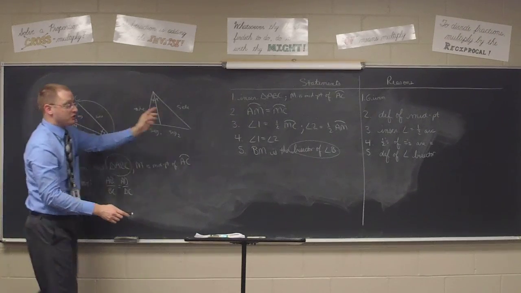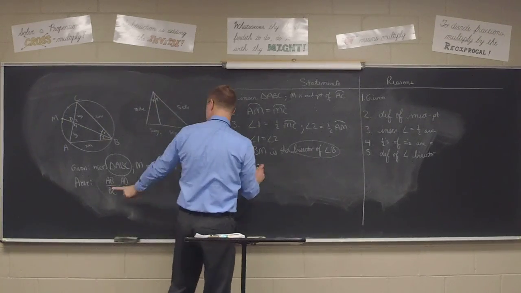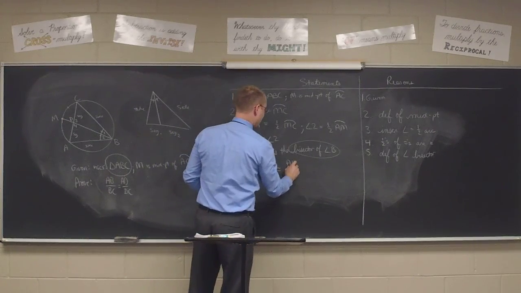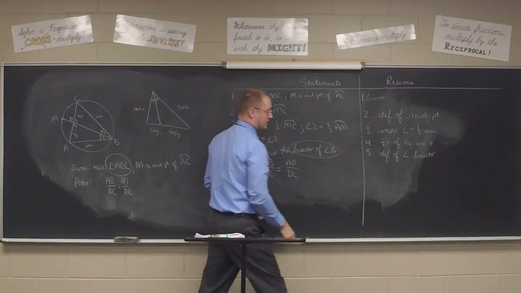So as soon as I say I've got the bisector, number 6, I'm done. AB is to BC as AD is to DC.